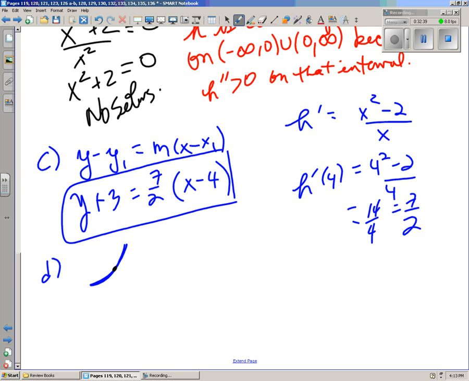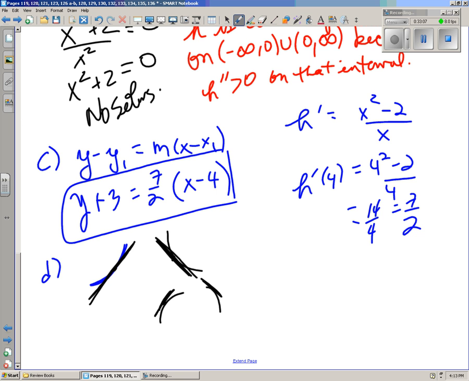A tangent line has to lie below an increasing concave up curve. In fact, even for a decreasing concave up curve, the tangent line would lie below. It's concave down curves that tangent lines lie above. So that's why they're asking you about concavity. Part D is supposed to make you think about the concavity issue.